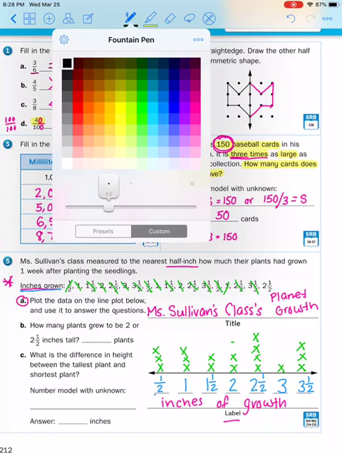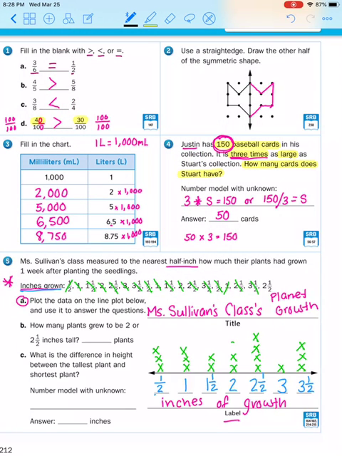So I also like to go in and just write how many. So this has 3, 3, 2, 2, 4, 1, and 3. I just like to write how many X's, so it's just easier in case I have to subtract or add.